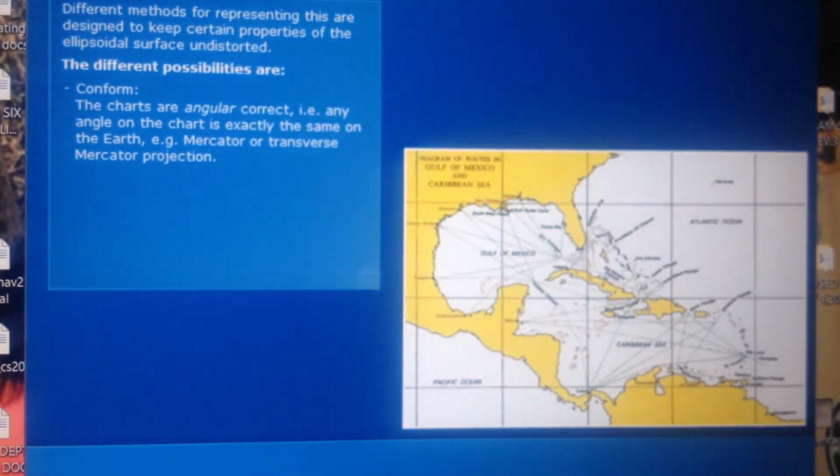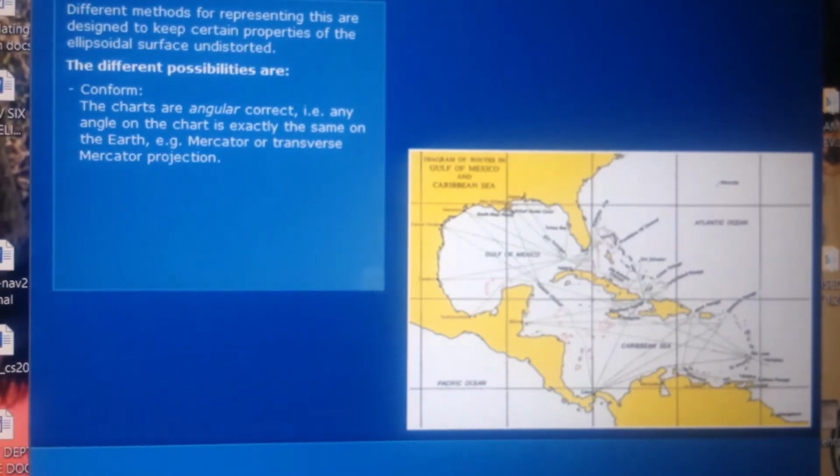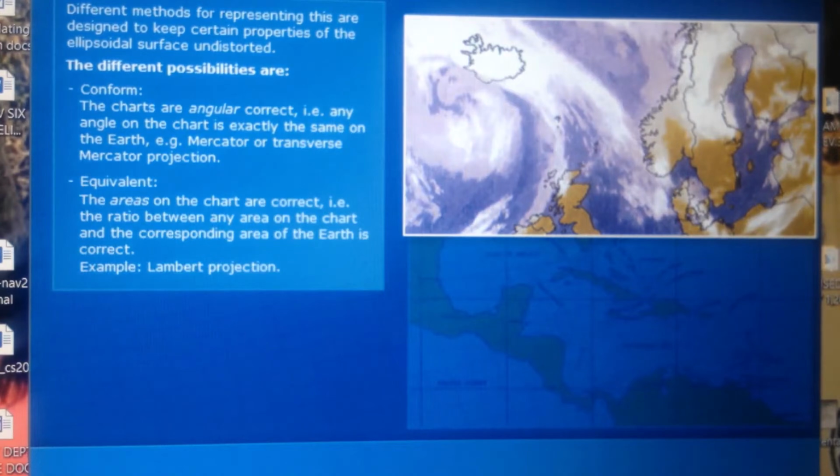Conform. The charts are angular correct, that is, any angle on the chart is exactly the same on the Earth. For example, Mercator or transverse Mercator projection. Equivalent.